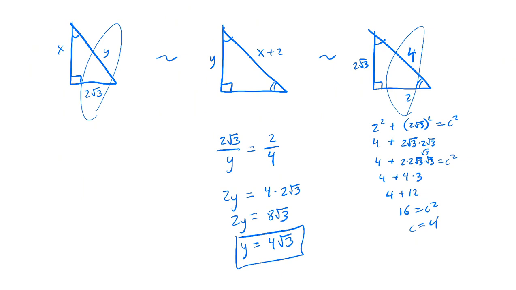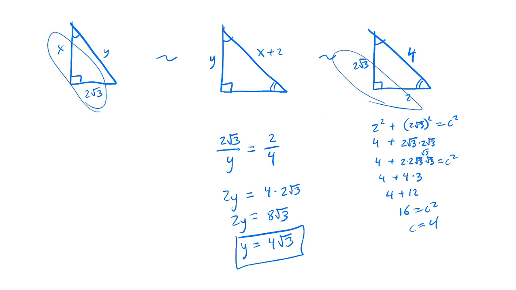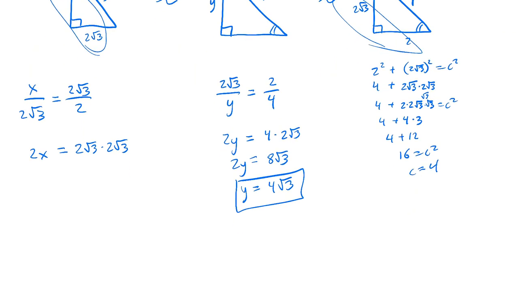All right, on the left over here, solving for x, we'll just use any other proportion here. And so I'm going to do that original proportion like this. I'm going to say x is to 2 root 3 as 2 root 3 is to 2. So cross multiplying, 2x equals that same 2 root 3 times 2 root 3 that we just did, but let's pretend we don't know what it equals.